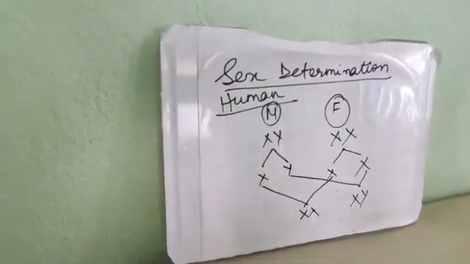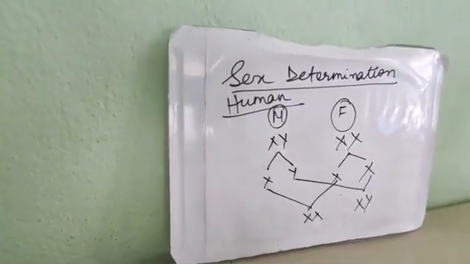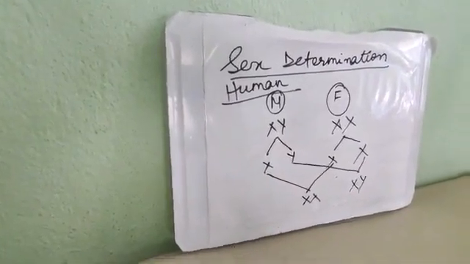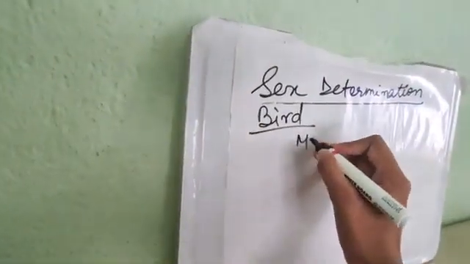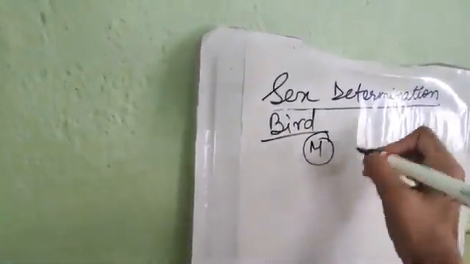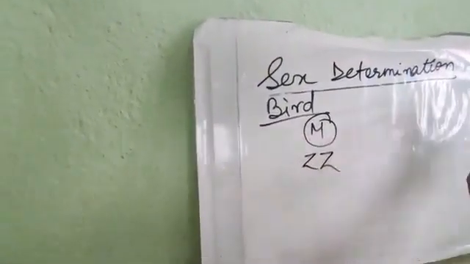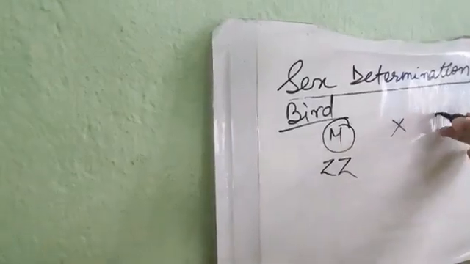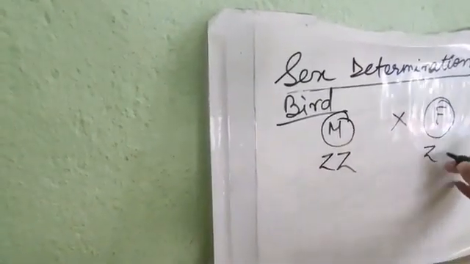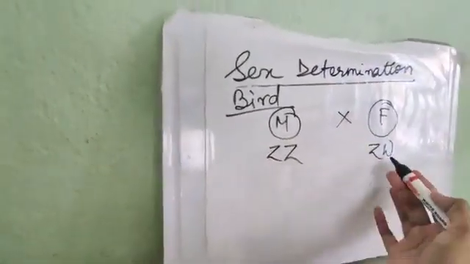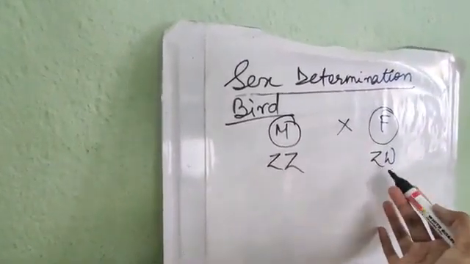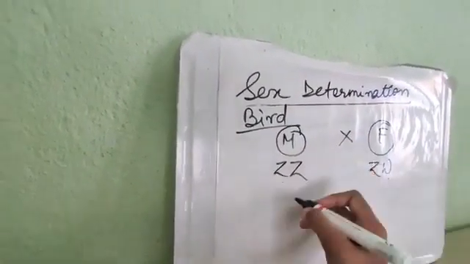Now we will see what is happening in case of bird and grasshopper. In case of bird, the male has the gametes capital Z, capital Z. Here Z determines the maleness, and the female has the gametes Z and W. Here W determines the female characteristics and Z determines the male characteristics.